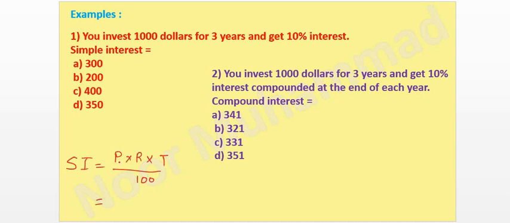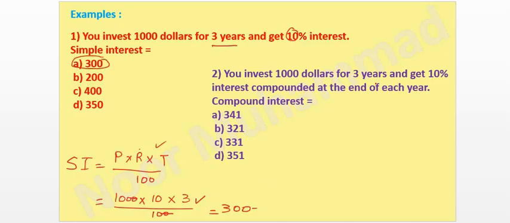What is the principal amount? It's 1,000 times the rate. What is the rate? It's 10%, times how many years you have deposited, 3 years, divided by 100. Now these two zeros cancel, so our final answer will become 300. So the amount of the simple interest is 300, so A is the correct option.